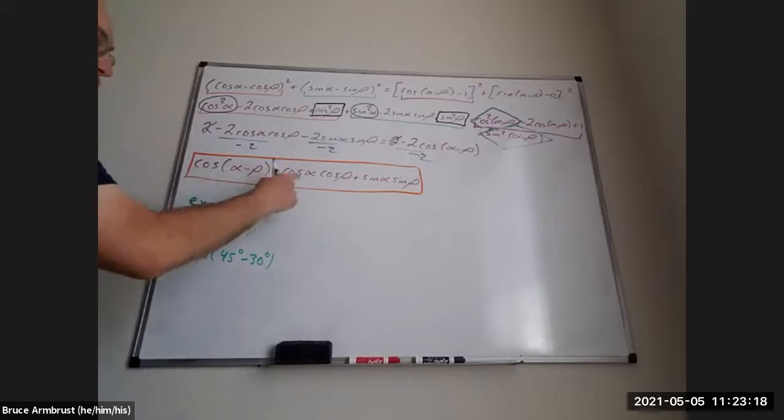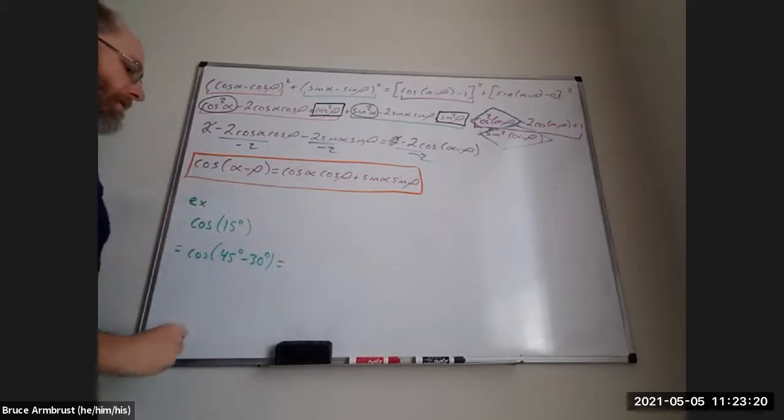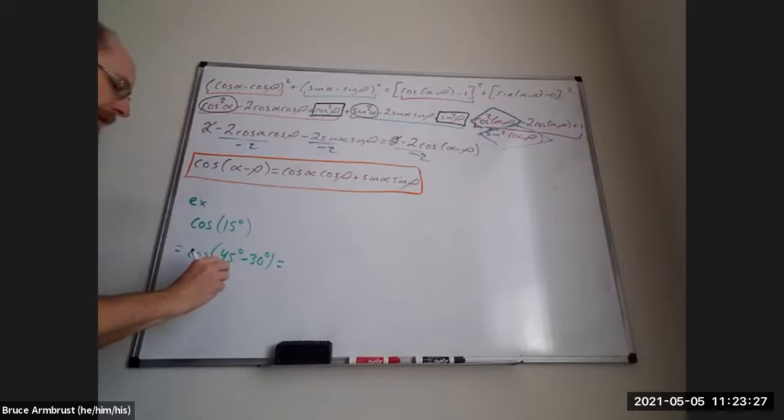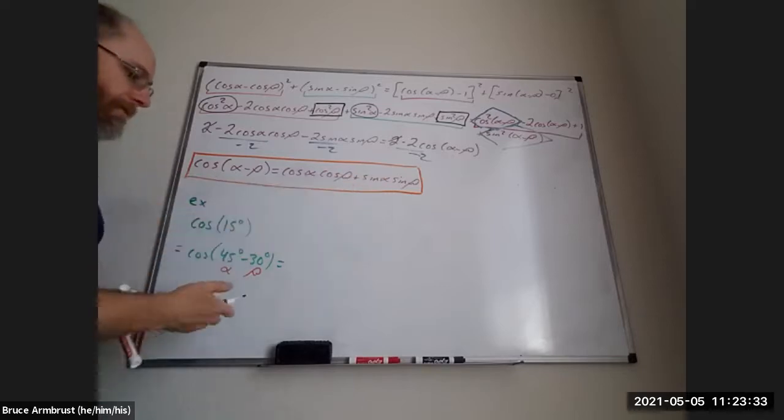So what we're going to do is use this formula. To translate here, alpha is our 45 degrees and beta is our 30 degrees. So we're just going to put those in their respective spots.